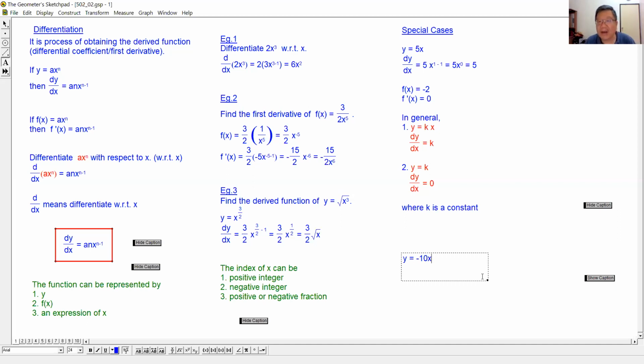Negative 10. Correct, negative 10. If you differentiate f(x) equals 2.31x, what do you think is the answer after you differentiate this? 2.31. Correct.